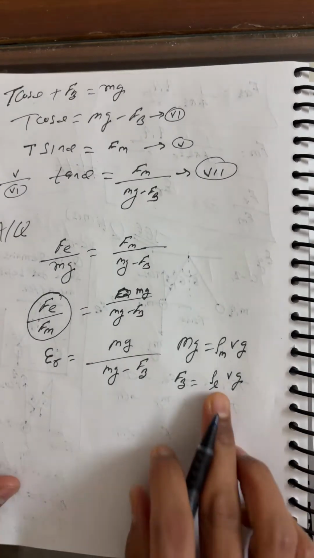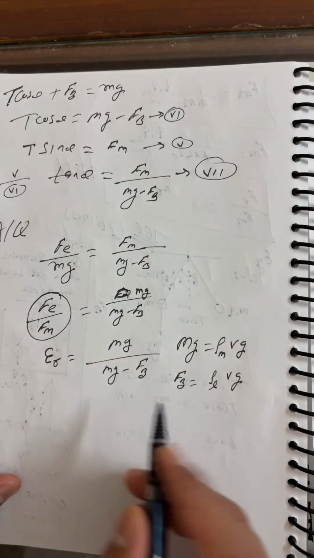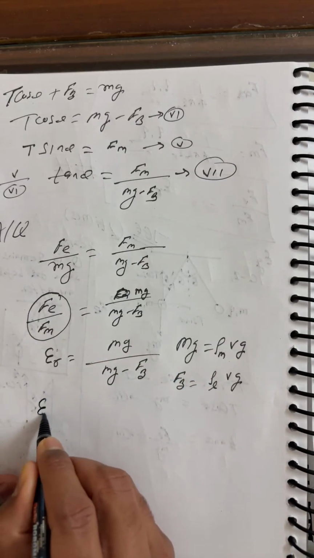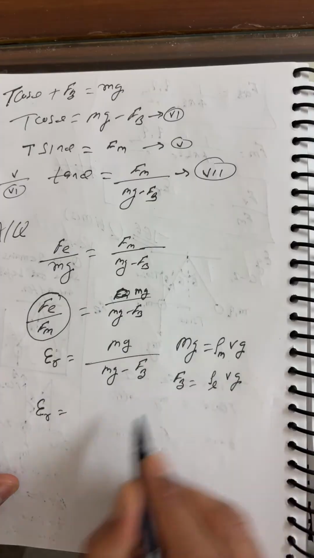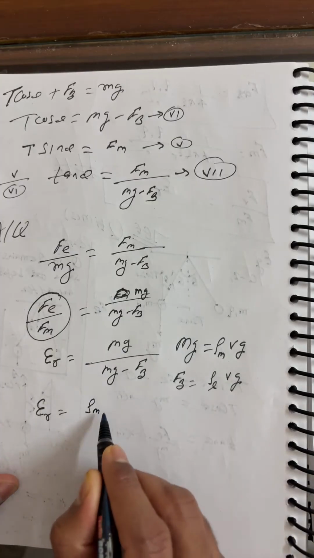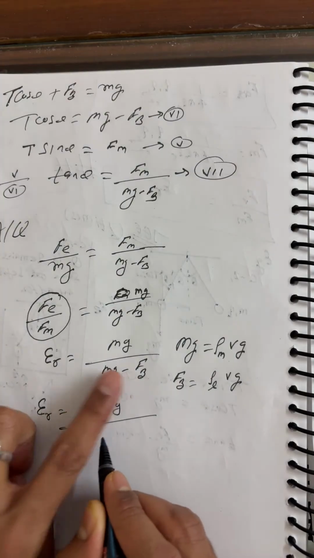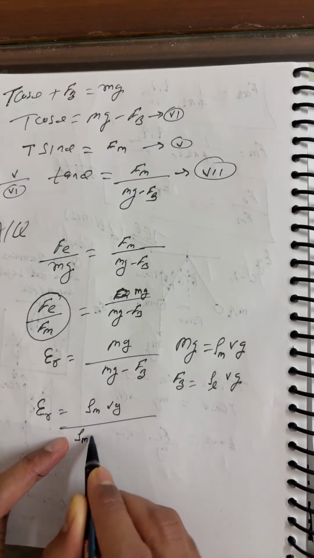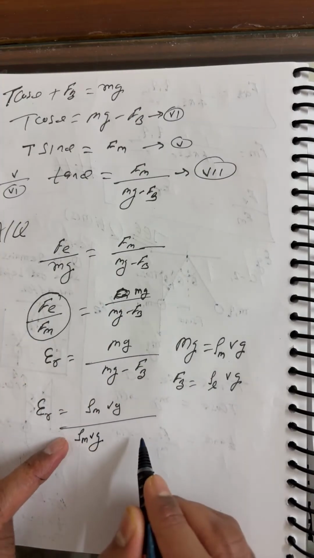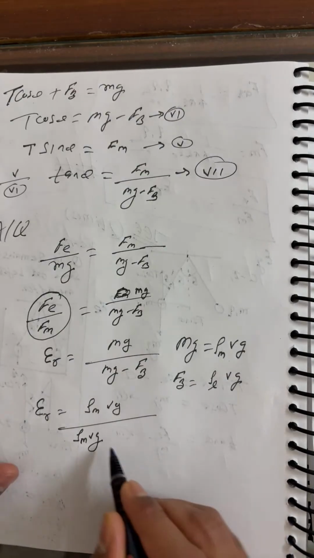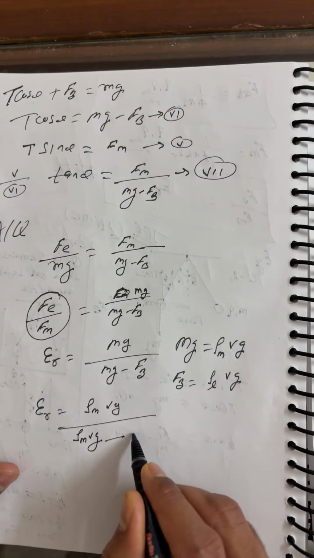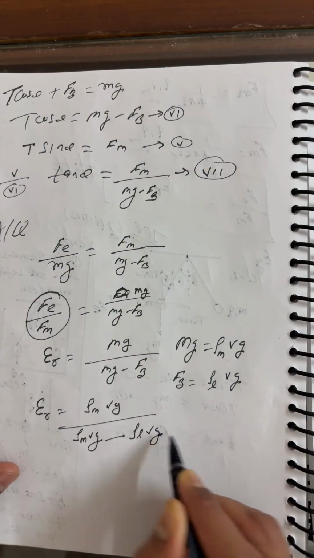I'll use this result here. So epsilon r is density of material times V times g upon (density of material times V times g minus density of liquid times V times g).